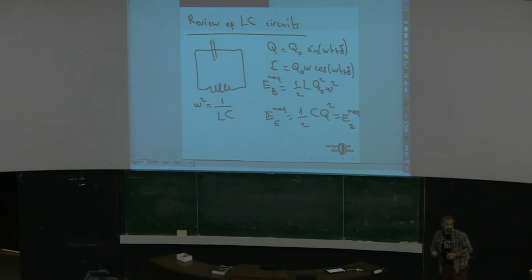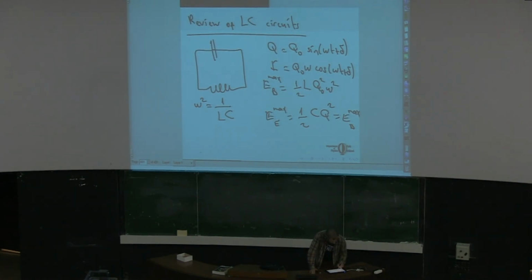Now, the magnetic field just behaves like the mass inertia. It doesn't like changes, where the electric field tries to change things. So in this system, since there is no resistor, there is no energy dissipation, energy just oscillates from magnetic to electric, from electric to magnetic, back and forth.